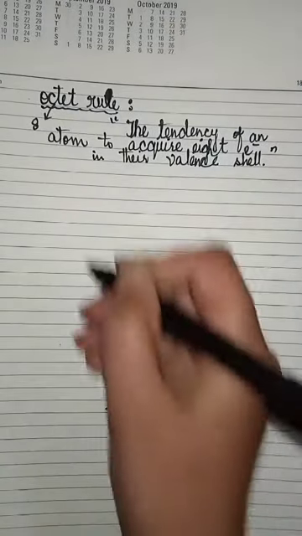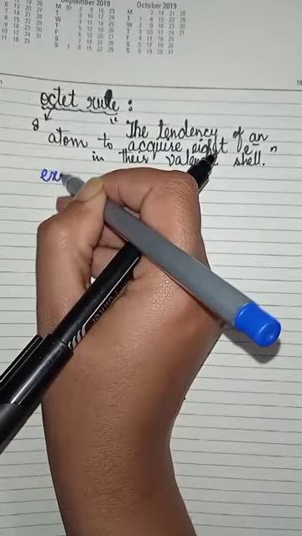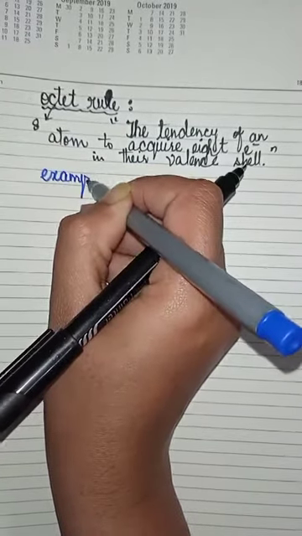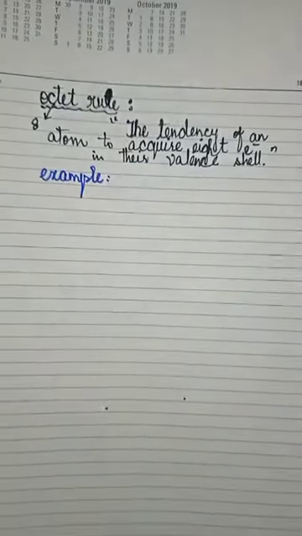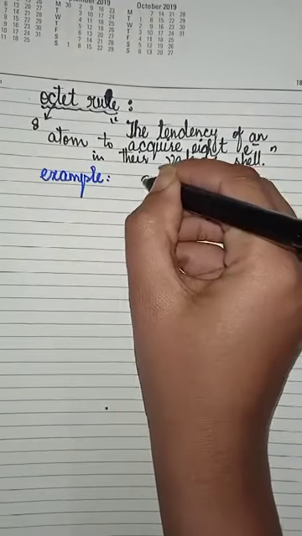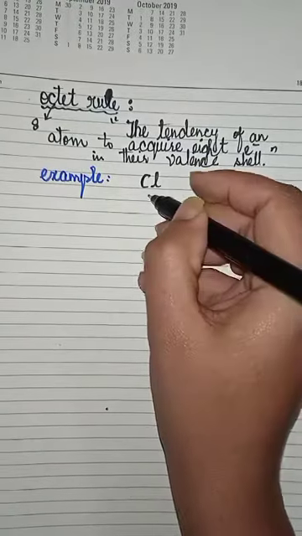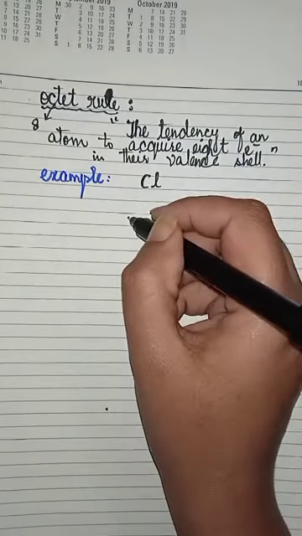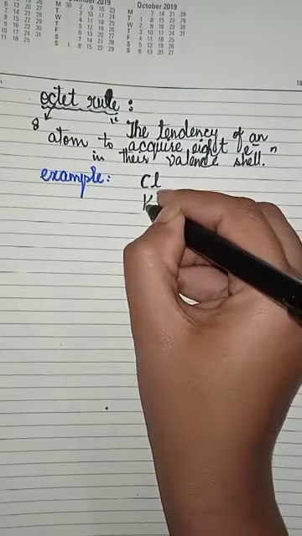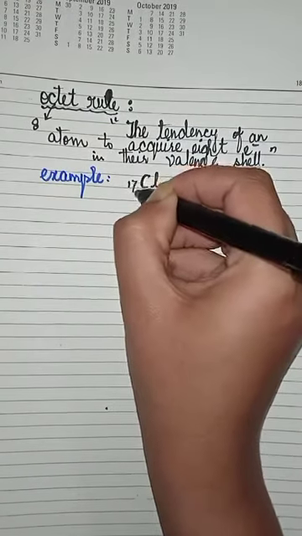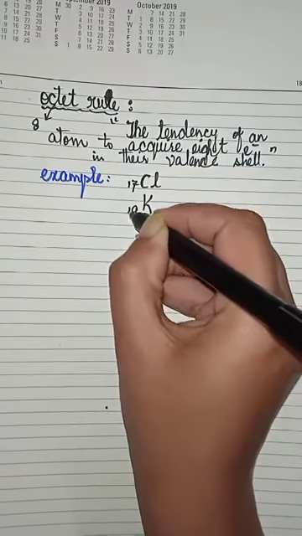Here you can write examples like chlorine, or potassium. What's the atomic number of chlorine? 17. Potassium 19.